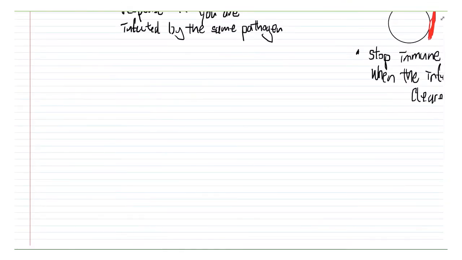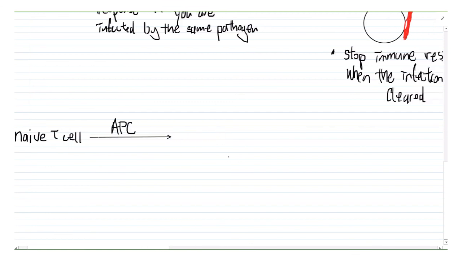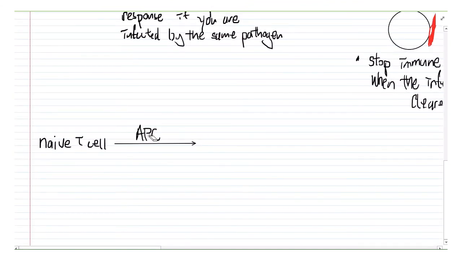We have the naive T cell. And in order to activate the naive T cell, we would need to have an APC, an antigen presenting cell. In this case, we talked about the macrophage. There are other APCs in the body, but we're just going to keep it simple.